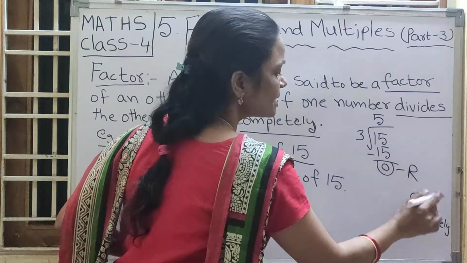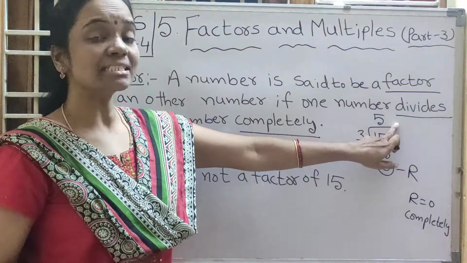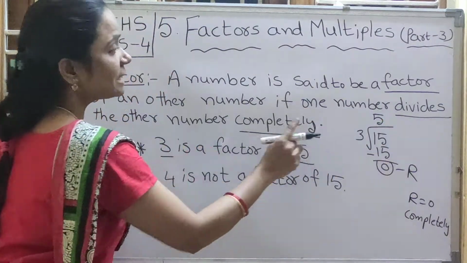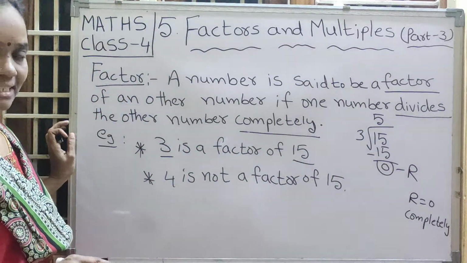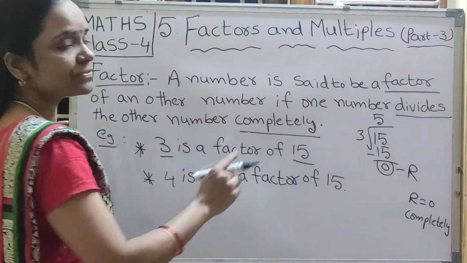So remainder is 0, means 3 divides 15 completely. So if a number divides the other number completely, we can say that the given number is a factor of another number. So 3 is a factor of 15.